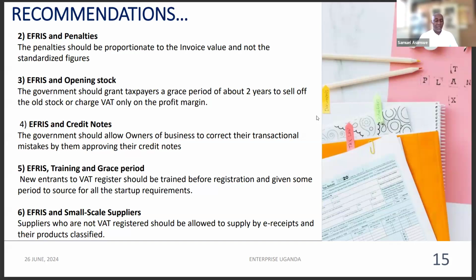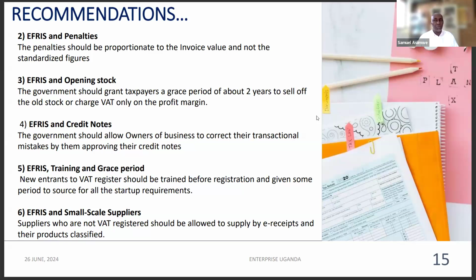That is, if you are seen that you qualify for the VAT, you're above the 150 million threshold, then let them come in and train you first before they register you even. Or when they register you, let them train you. Let the government train the new entrants to VAT registration, and also give the trader some time to look for the other requirements.